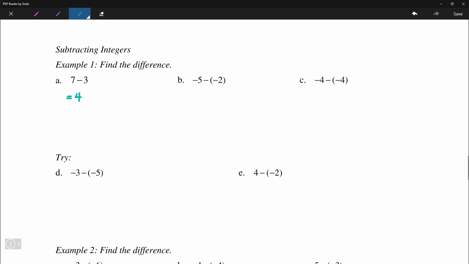Okay. Next one is a little bit different. We have negative 5 minus negative 2. So one way to look at this question is to use counters. And we'll start with 5 negative 1 counters to represent the negative 5 that we began with.